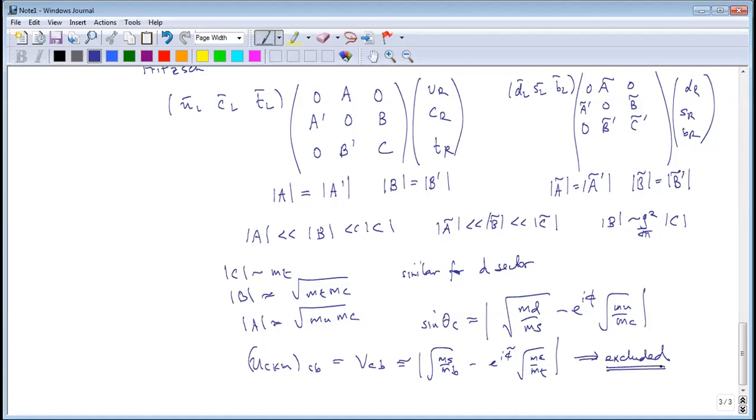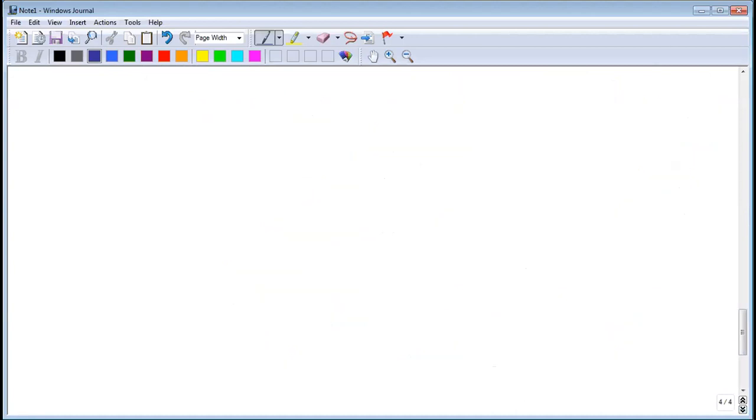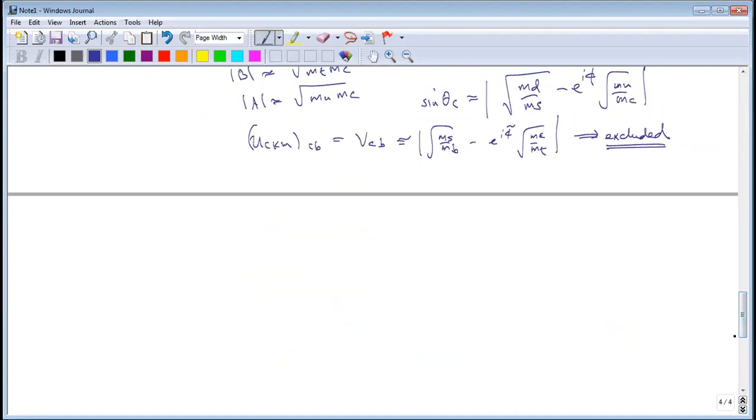Well, we can learn a few lessons from the Fritzsch form. One of the lessons, which turned out to be a theme that kept on going throughout people's early exploration of theories of quark masses, and continues today, is the idea of texture zeros.